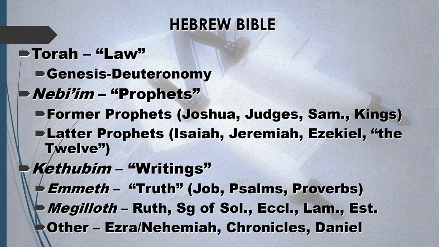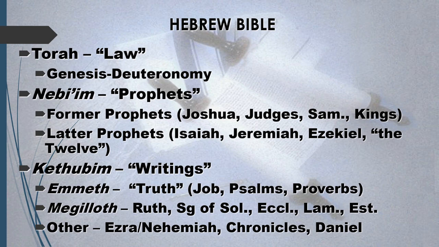And you have the Megilloth, which includes Ruth, Song of Solomon or Song of Songs, Ecclesiastes, Lamentations, Esther. And then you have other writings as well. That's your Ezra, Nehemiah, Chronicles, and Daniel there.